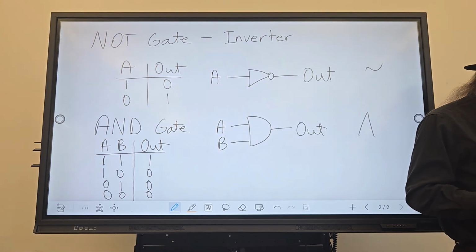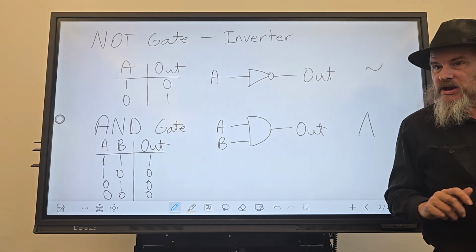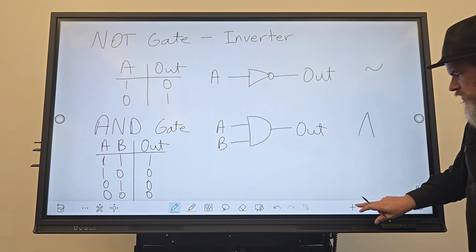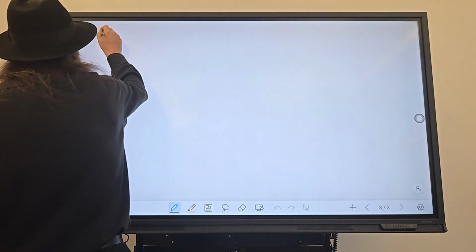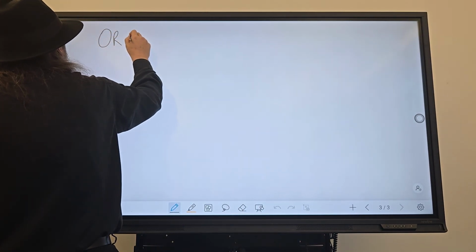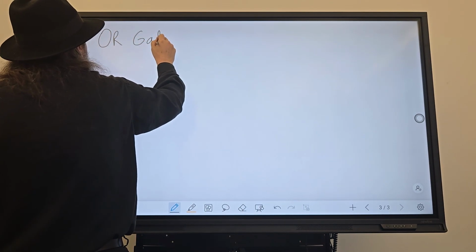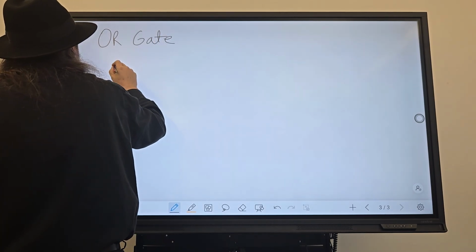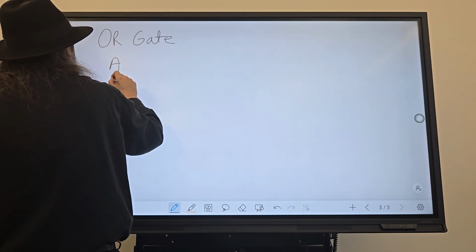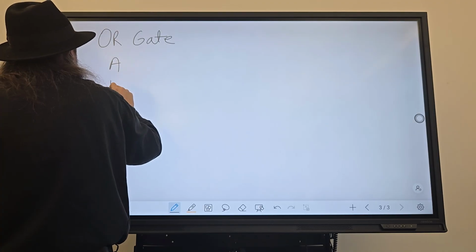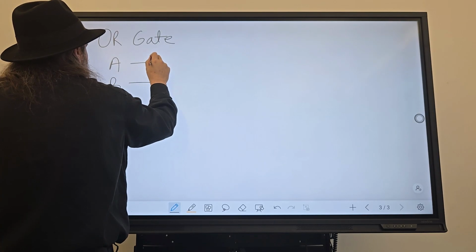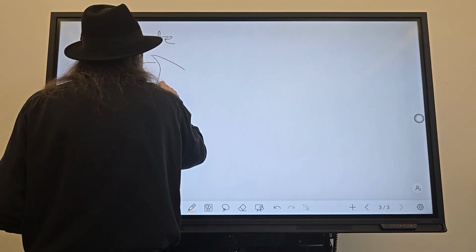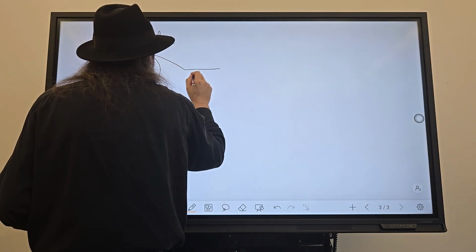Finally, you have the OR gate, which has 2 inputs and that symbol there.